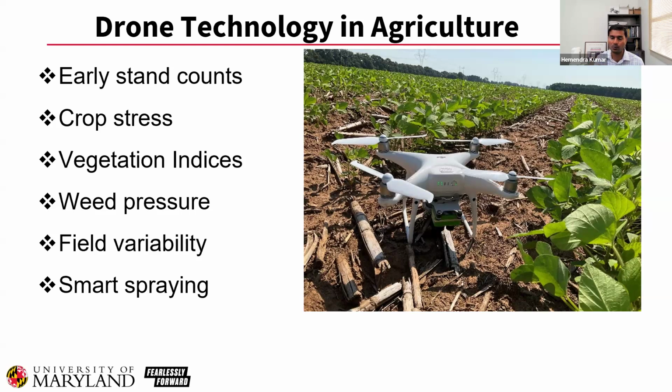But most of the time now, using this kind of technology, you can analyze based on the drone imagery. Then smart spraying. When I say smart spraying, it means targeted spraying based on the drone. You don't want to spray the entire field where you don't need. You can do the targeted spraying based on that data or map you get from the drone.